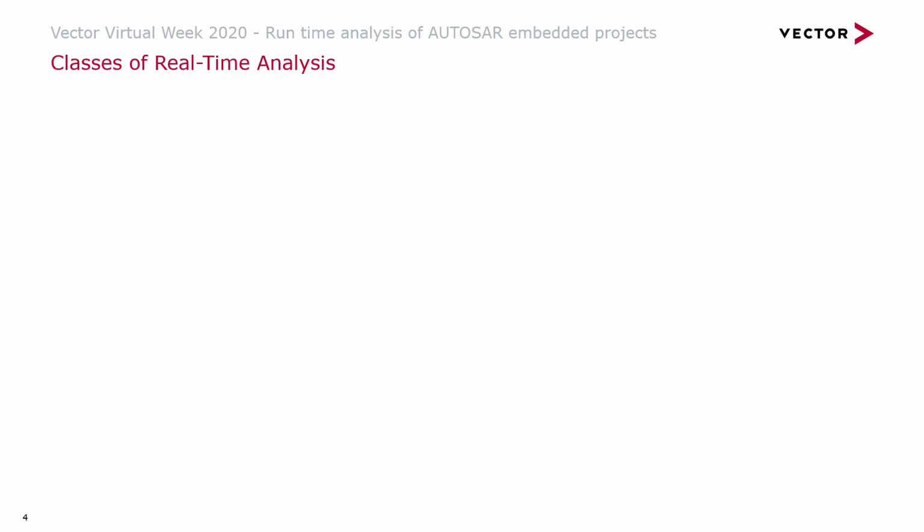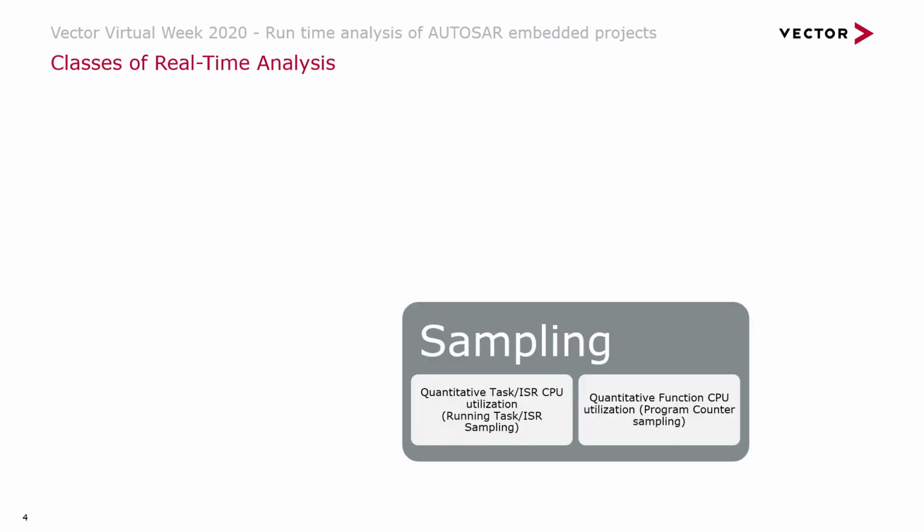So let's have a look at the different classes of the real-time analysis which we can use. The first variant that you can select is sampling. This means at specific times and specific periods, I have a look at which task is currently activated.